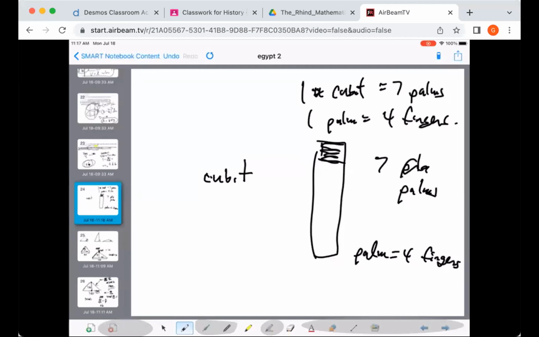We still use fingers sometimes. If you go back to the Old West and you want to get some whiskey, you tell them, give me 4 fingers worth of whiskey. I don't know if you ever get to go to the Old West or not.